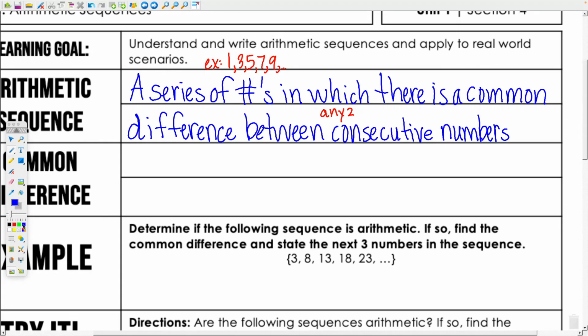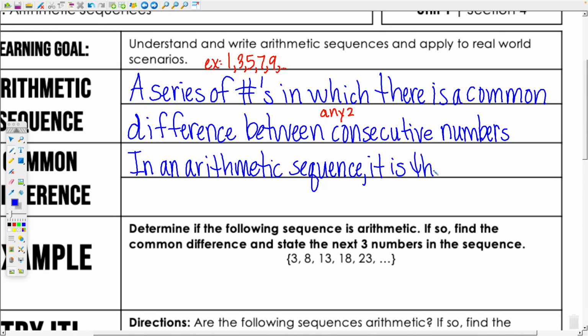Well, it is, in an arithmetic sequence, the difference between consecutive numbers.